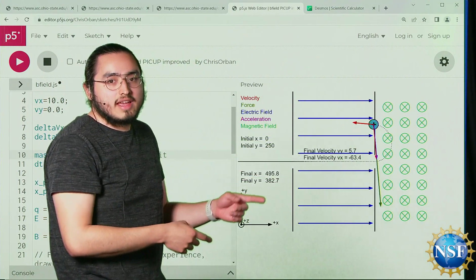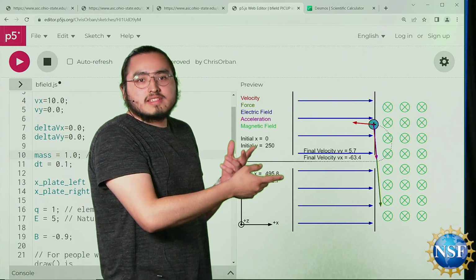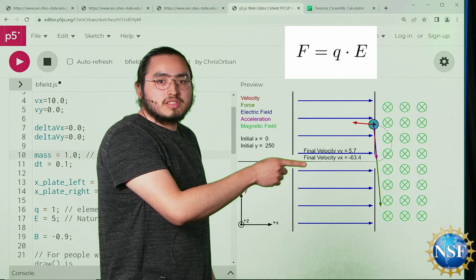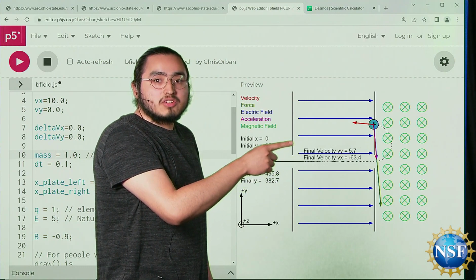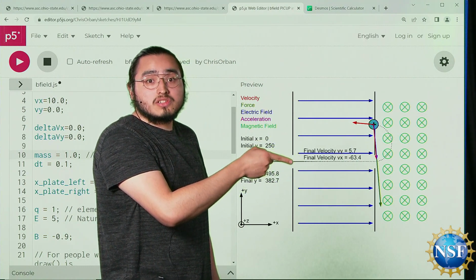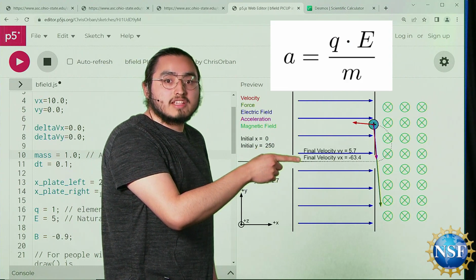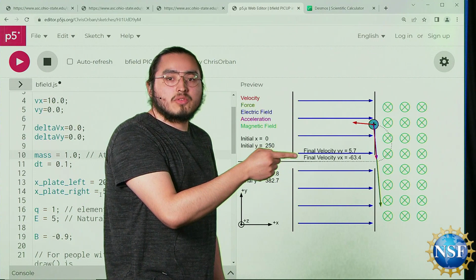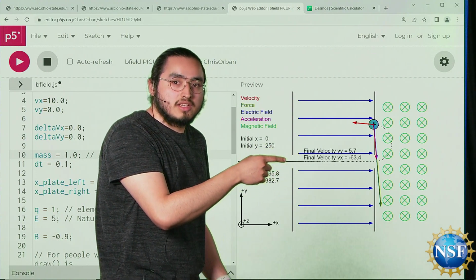What's happening is that we cut the mass in half, essentially, and thus the force in the electric field is the same, but there's less mass. Now it's 1 instead of 2, so that must mean our acceleration has to be twice as large, and thus it accelerates our particle more, giving a higher velocity.